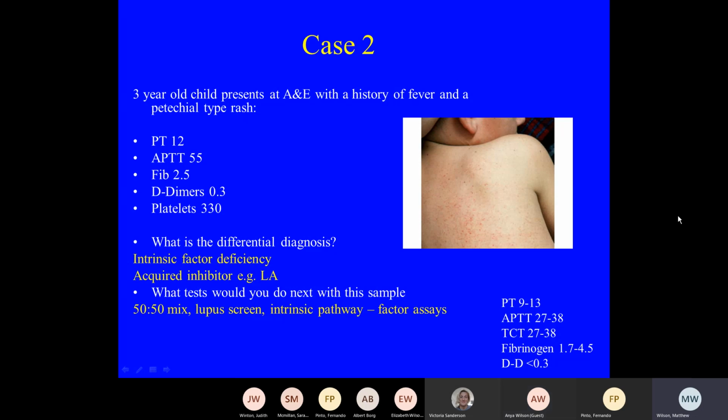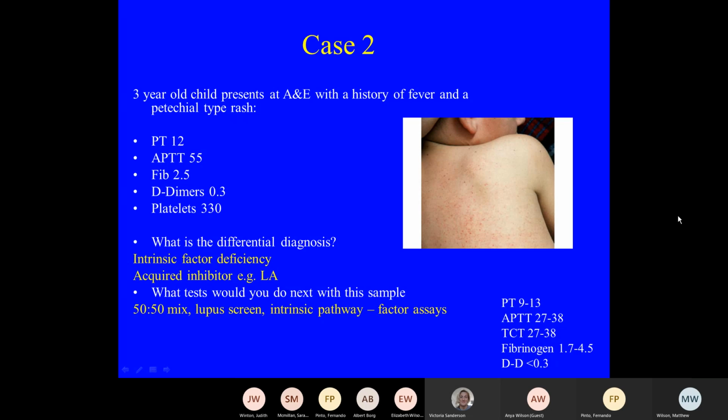When you mix normal plasma, which is supposed to have all the coagulation factor levels within normal limits because it's from normal donors, with whatever sample you've got in front of you that's not normal, if it's a factor deficiency, it will correct because it's getting some factor from a normal donor.